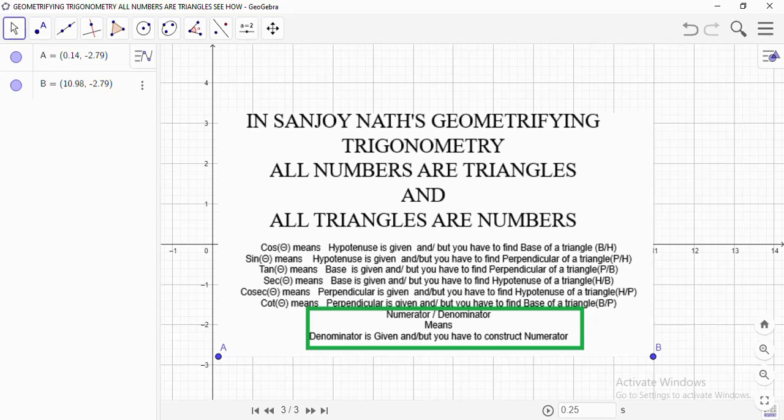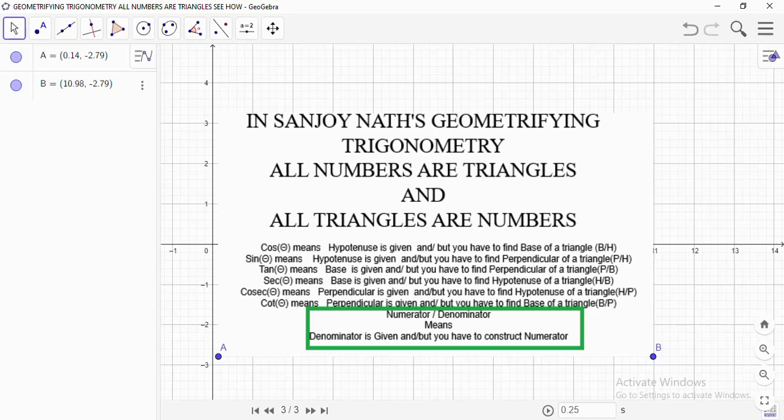Now what is a triangle? A triangle is a shape where there are 3 line segments and it encloses a shape. In trigonometry, we know the names of the line segments: hypotenuse, base and perpendicular, and we restrict ourselves so that a 90 degree angle is always involved.